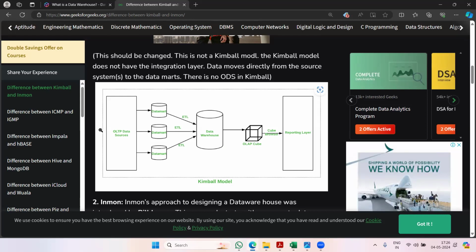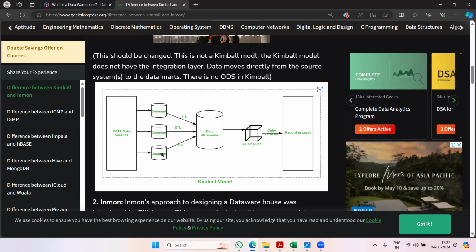Now their respective data files are sent to their data marts, and here we create a data mart related to finance, HR and manufacturing.